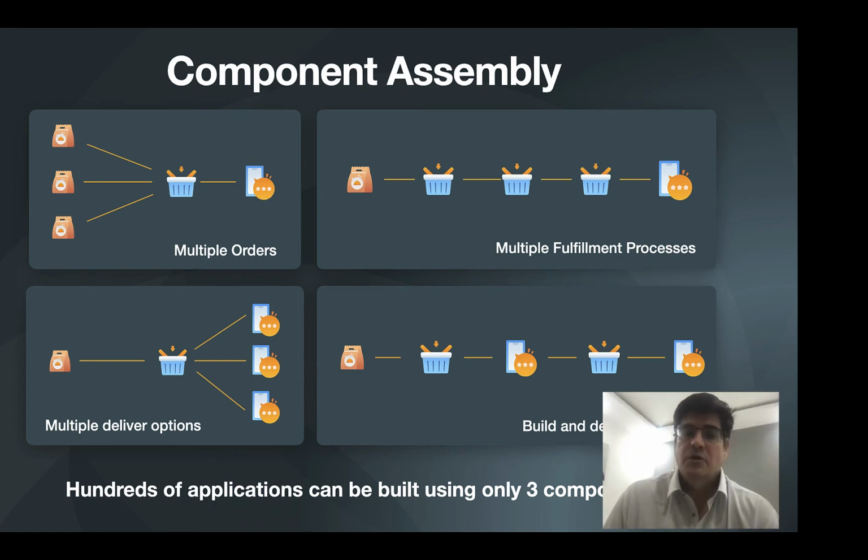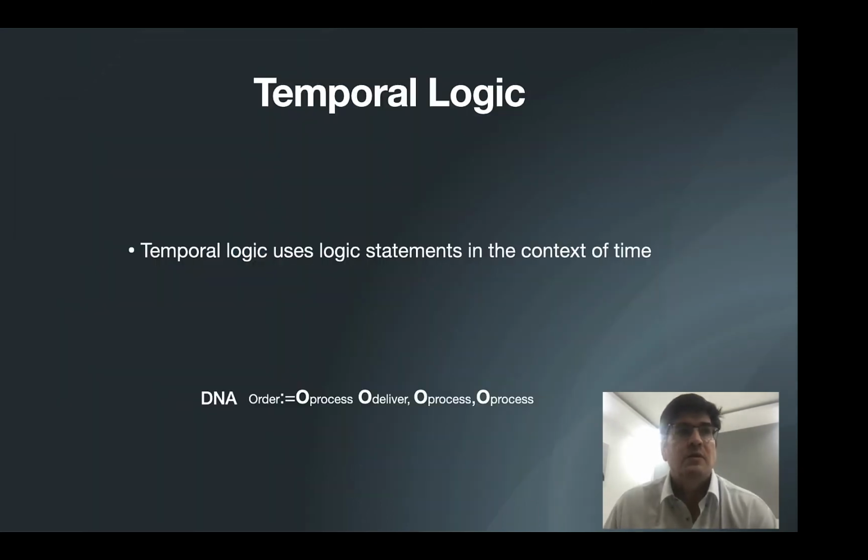So how do we actually determine what the components are, what the user should build, and so they don't make mistakes? We use something called temporal logic. Temporal logic is nothing more than a logic statement. It describes what has to be done, but gives a dimension of time. So you describe what should happen and what shouldn't happen, and if you do a good job of collecting enough requirements, then our product can guide you and tell you when you've connected something in the wrong way.